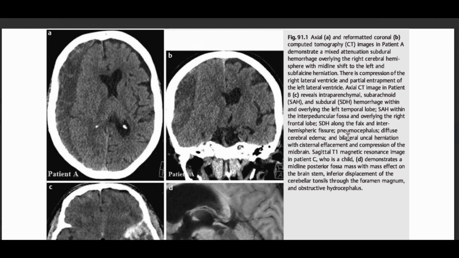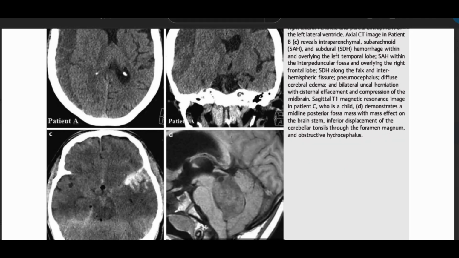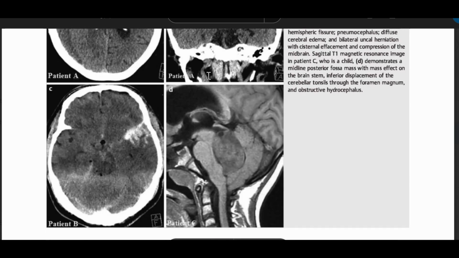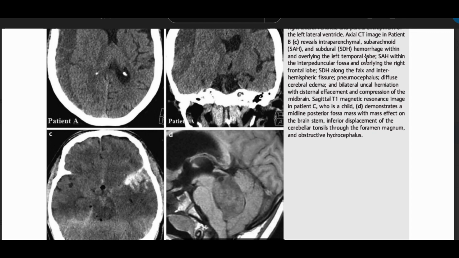Next case, axial CT scan image and sagittal T1 weighted image in patient B, showing subarachnoid hemorrhage and subdural hemorrhage within and overlying the left temporal lobe.